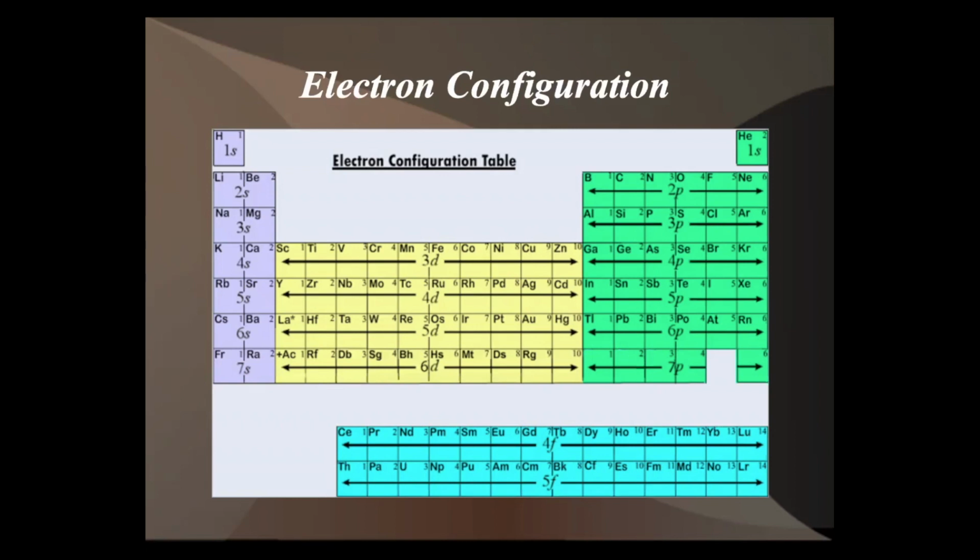So let's go on to lithium next. Lithium has 3 electrons. So lithium would have 2 electrons normally in the 1s orbital, and then the extra one can't go in here because 2 electrons fills it. So the next one has to go into the next orbital up, which would be 2s.